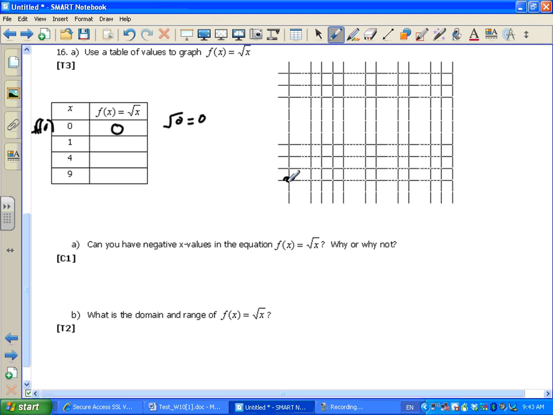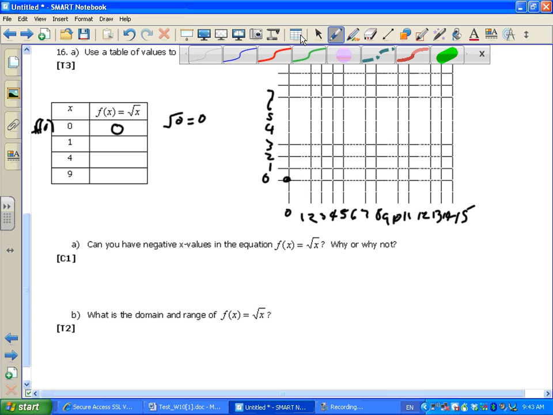Here's our origin, 0 and 0. We have our numbers across the bottom. When x is 0, y is also 0. So this is our first point right at the origin.